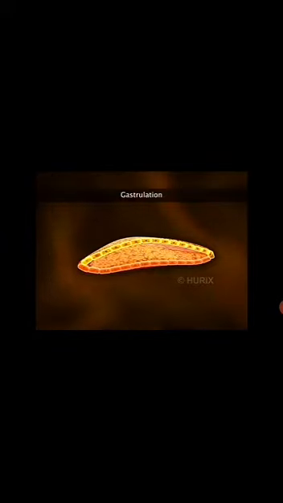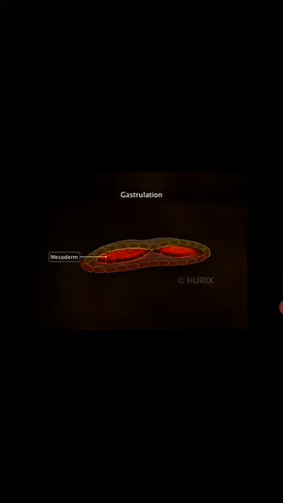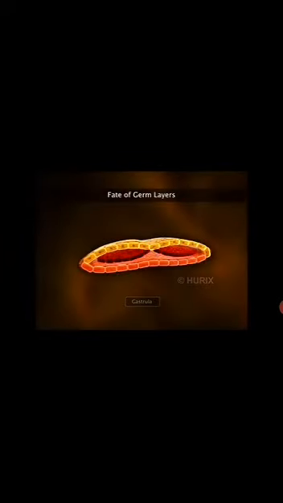During gastrulation, some cells that are moving inward contribute to form the mesoderm, the middle layer. The embryo is now called the gastrula. Gastrulation establishes the body pattern, that is, each tissue and organ of the adult originates in one of the three primary germ layers of the gastrula.